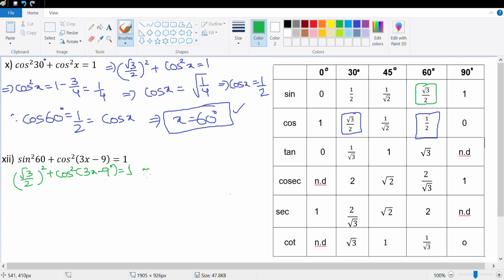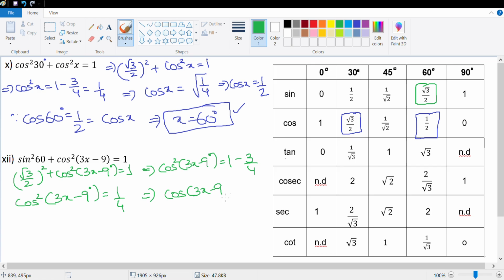This means cos square (3x minus 9 degree) is equal to 1 minus 3 upon 4, which is 1 upon 4, which means cos (3x minus 9) is equal to square root of 1 upon 4, which is 1 by 2.